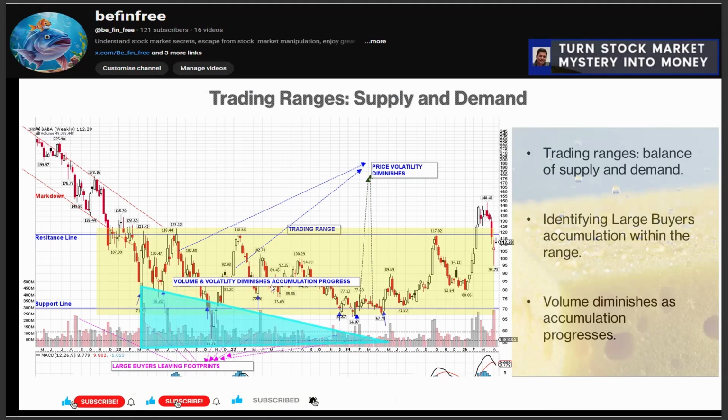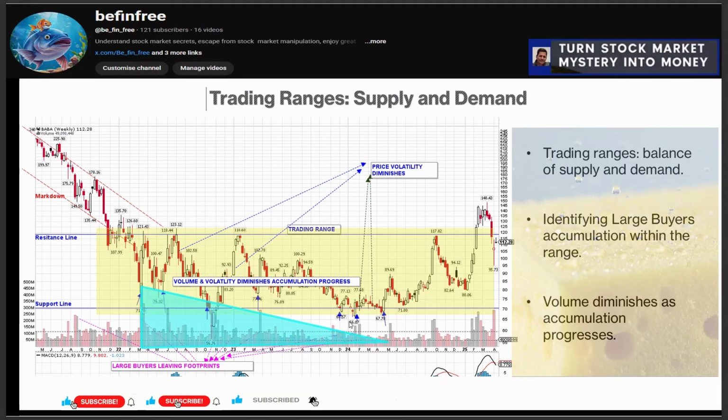You can see that here in the price bars and the volume bars. At one stage, when most of the float has been absorbed and there is no more supply left in the market, that's when big investors want to test this before the new uptrend starts.